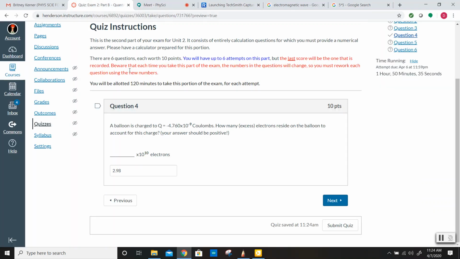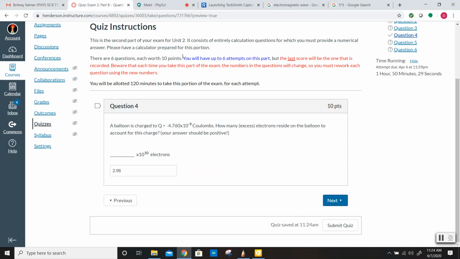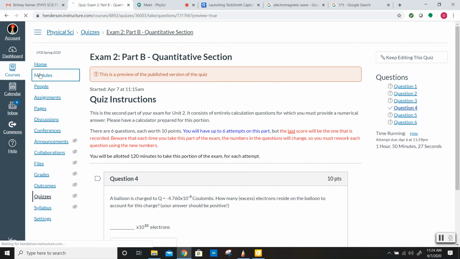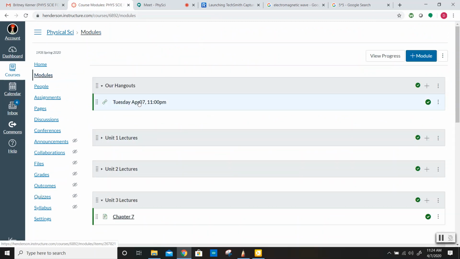Welcome, Autumn. I saw she joined. There she is. So it does appear that there are a few bugs that we're going to need to work out with this.